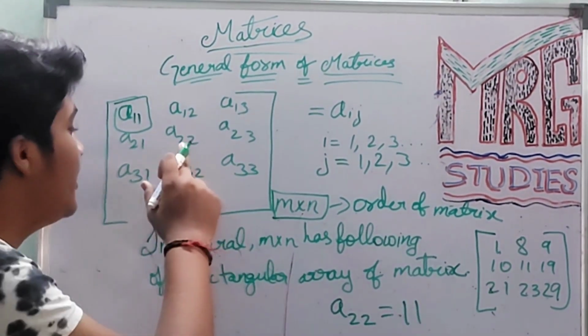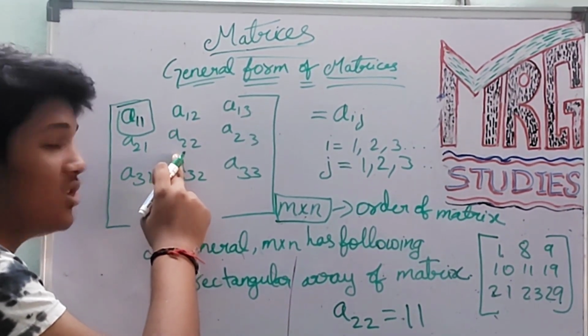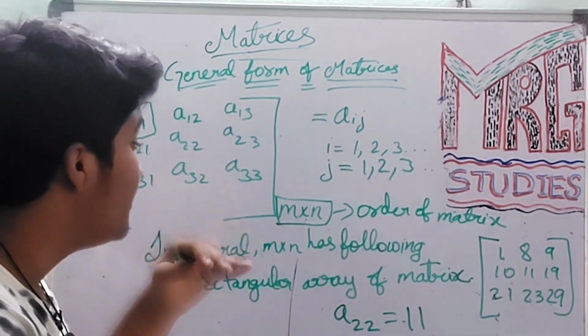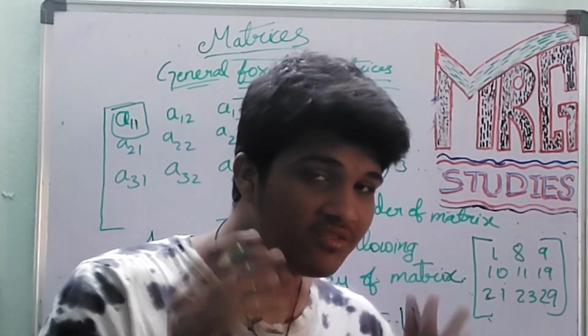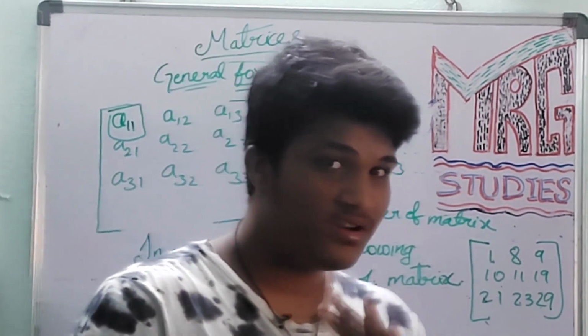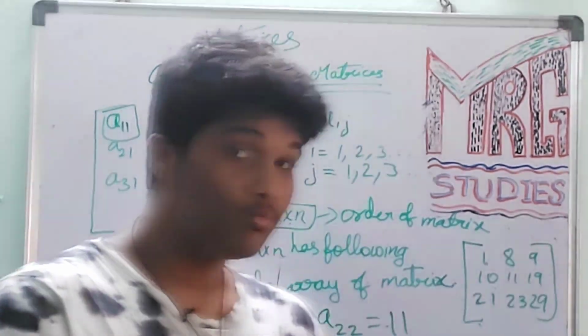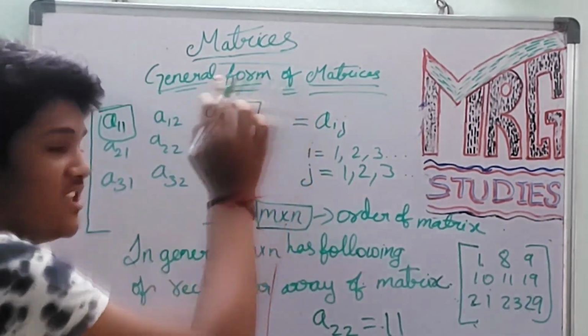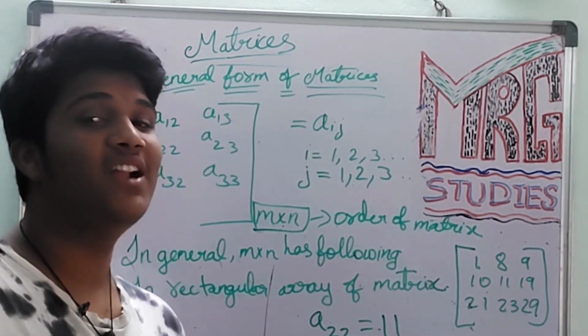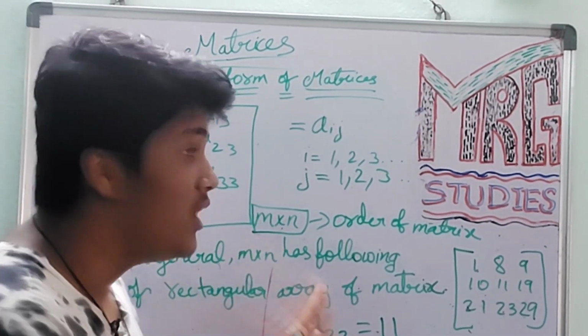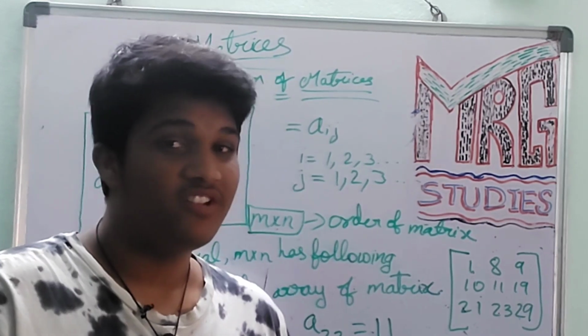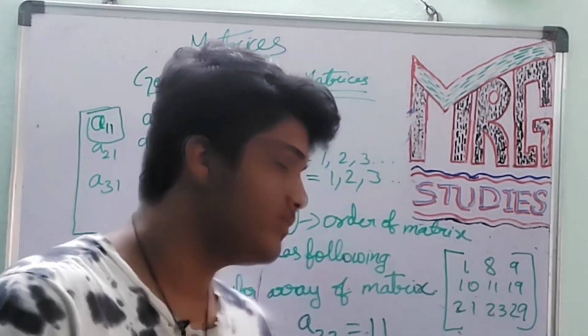See here, I wrote here, see A22. So like this, they can ask questions on the general form of a matrix in the exam also. So you should concentrate more on this. This is so important in matrices and it will help you to form a matrix on your own.